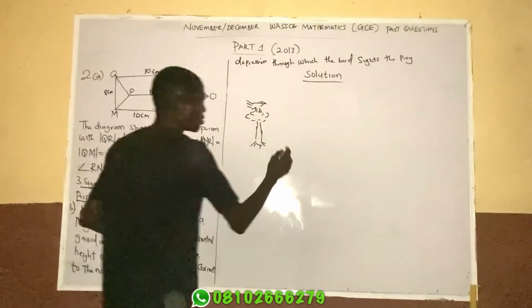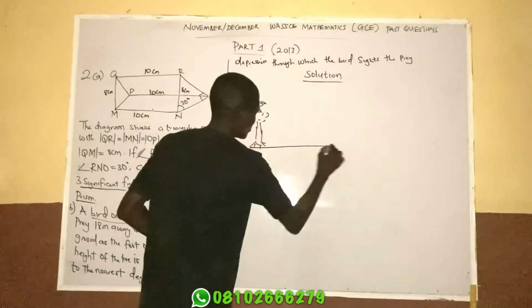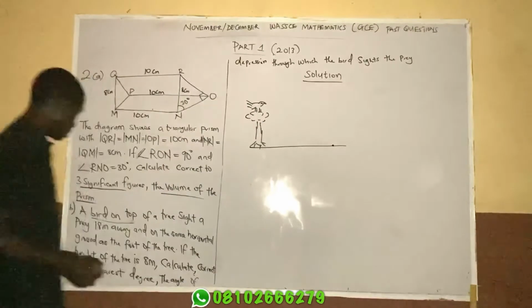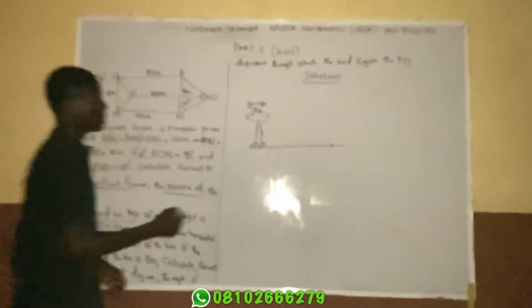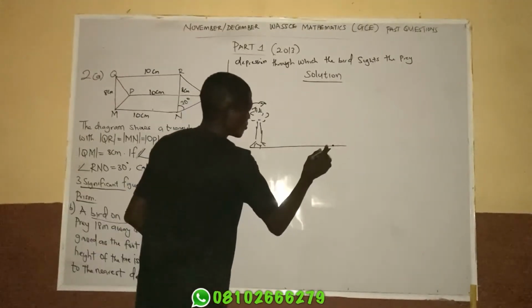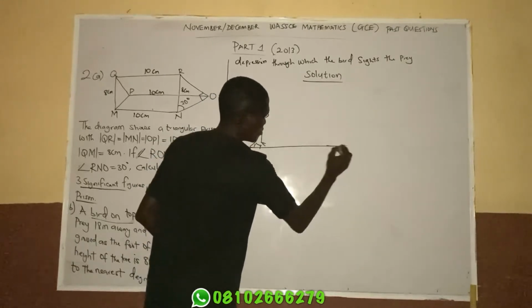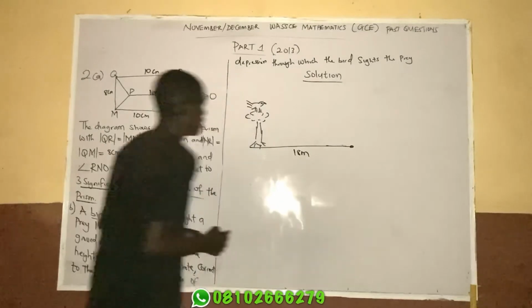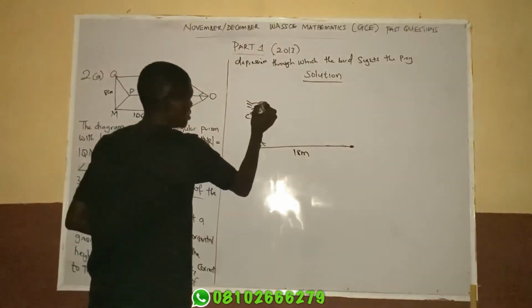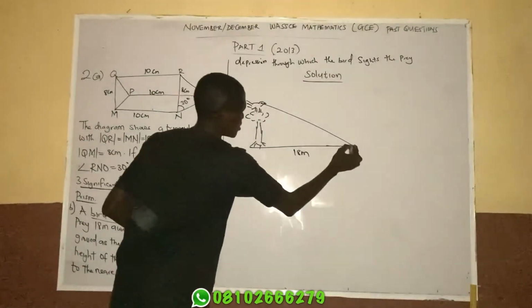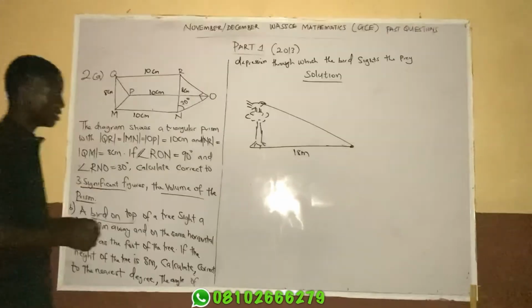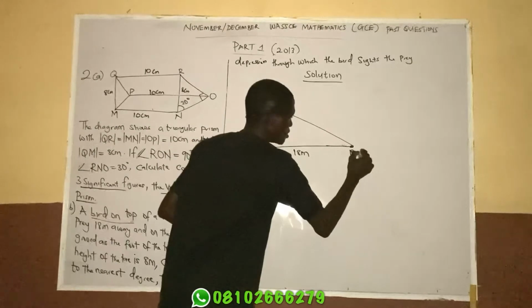So it's a horizontal ground like this. The sight is somewhere here, 18 meters away. Let me make it a little bit longer. This 18 meters away, that's where the prey is.